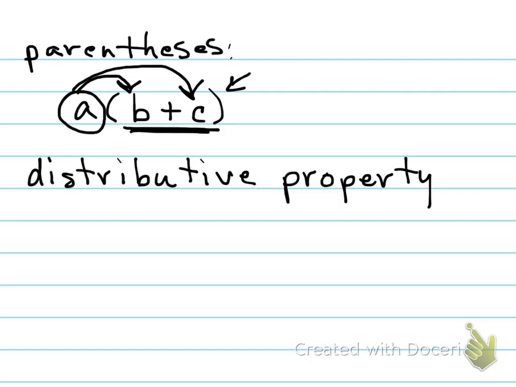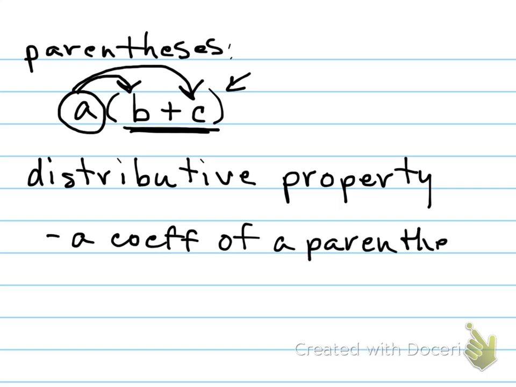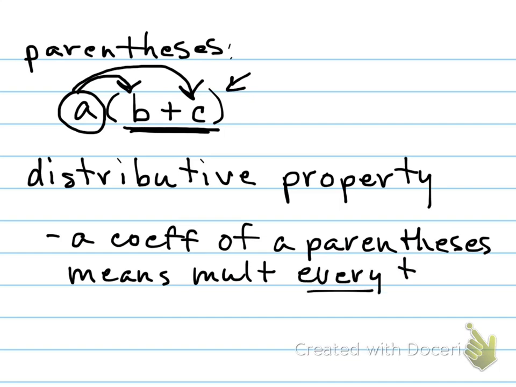So, basically, that just says that if you have a coefficient in front of a parentheses, or coefficient of a parentheses, it means to multiply every term inside by that coefficient.